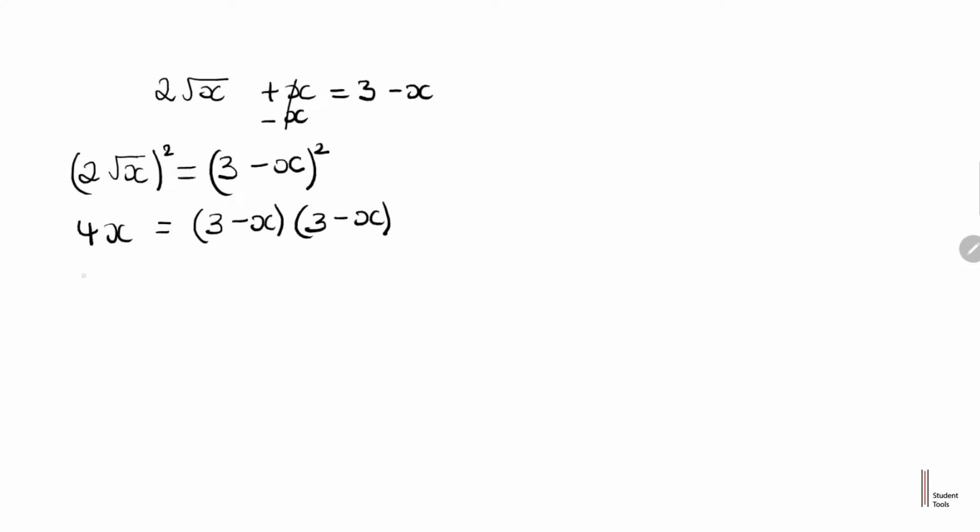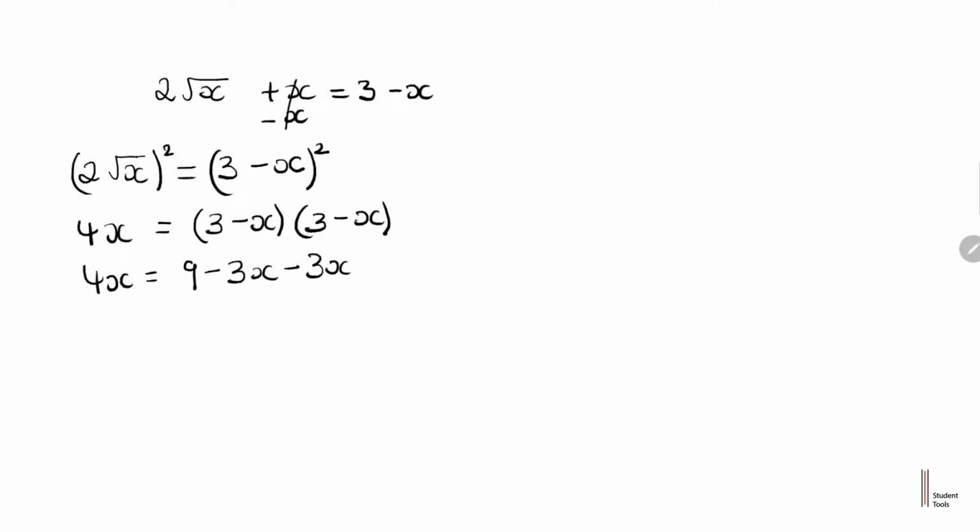So 4x equal to 3 multiplied by 3, that's a 9. 3 multiplied by minus x, that is a minus 3x. Minus x multiplied by 3, that is a minus 3x.